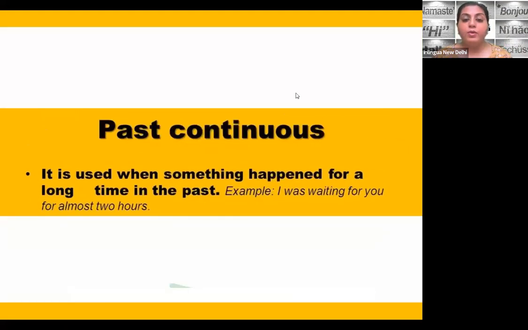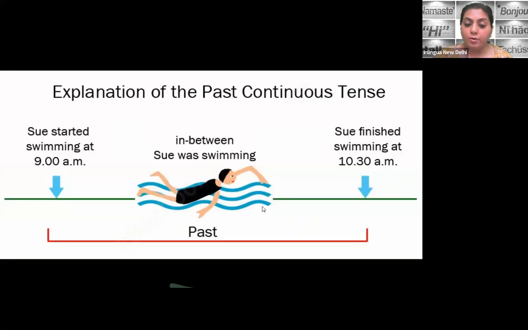Firstly, we use the past continuous tense to tell when something happened for a long time. Example, I already gave you. I was waiting for you for almost 2 hours. Now let's look at some other examples. Let's say this girl Sue started swimming at 9 a.m. She finished swimming at 10:30 a.m. But what was she doing between these two timings?